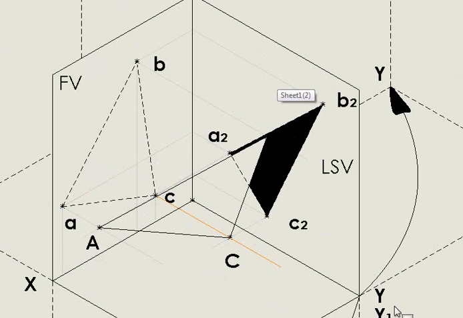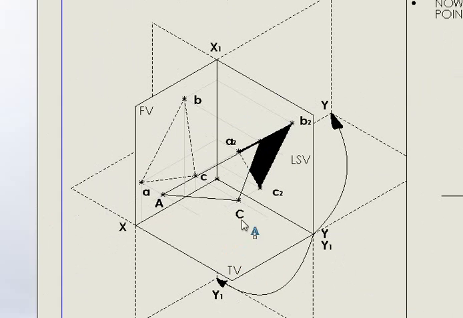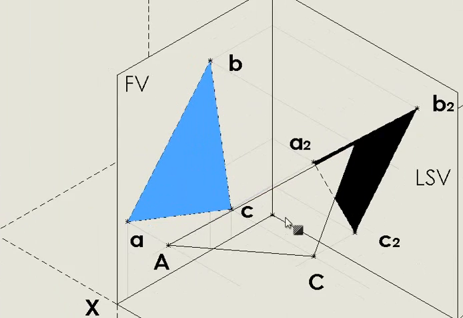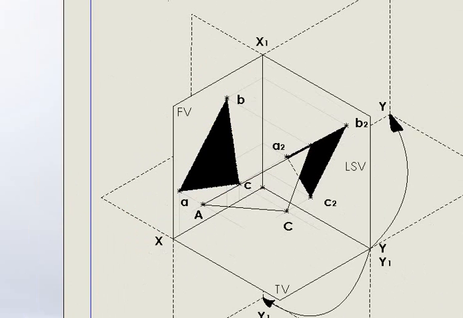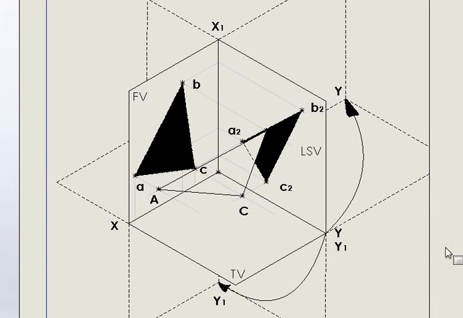Right, and also if I look from the front view, if this is my left side view and I'm looking from the left, this would automatically be my front view. I'll be able to cast a shadow over here as well. So I'm going to just give that a solid.